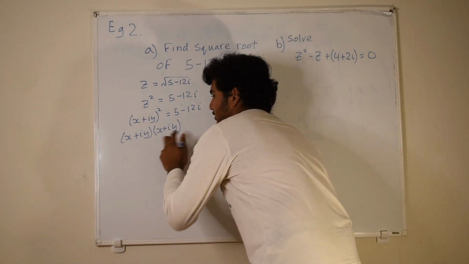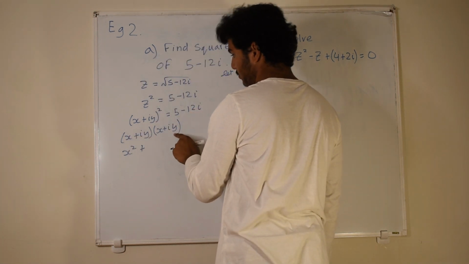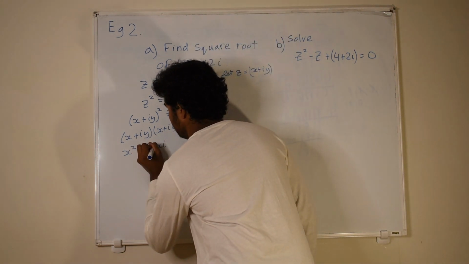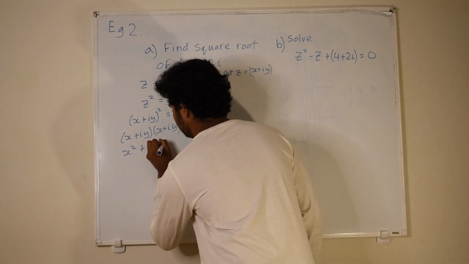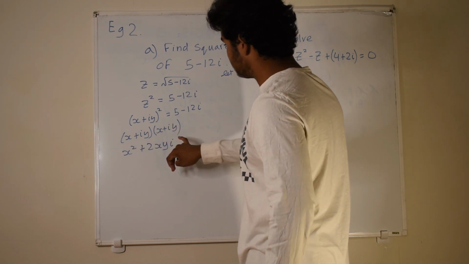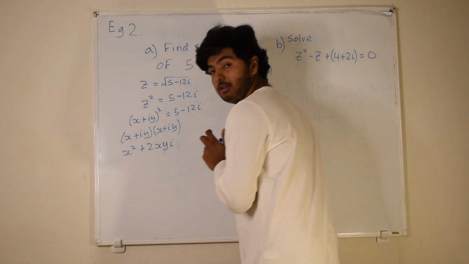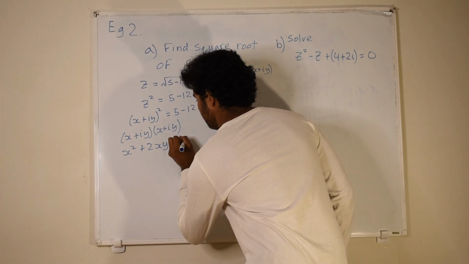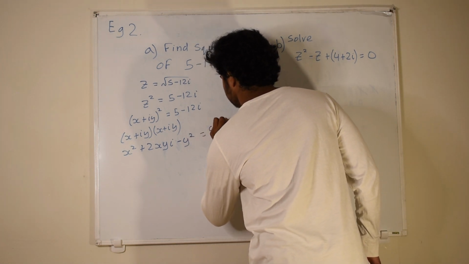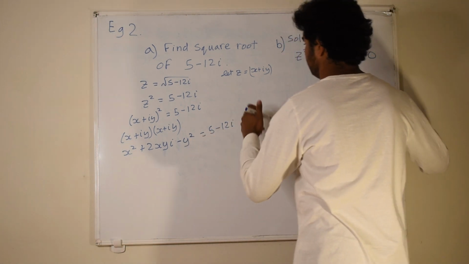If we expand, we get x squared plus xiy plus xiy, which is 2xyi, plus y squared i squared, which is minus y squared, which equals 5 minus 12i.